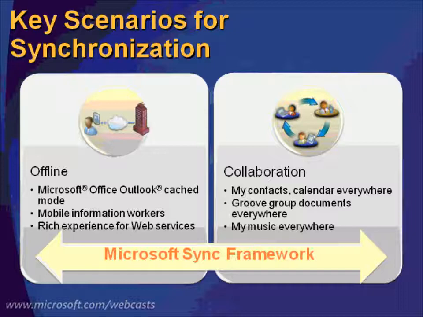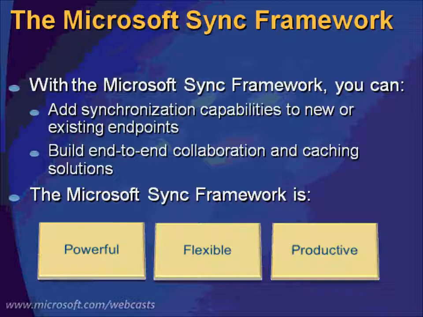So regardless of whether one person's using a PC, one person's using a mobile phone, one person's using a desktop application across the world, we all want to collaborate on top of the same kind of data. So each of those endpoints needs to have a provider that will enable us to collaborate effectively, and we need to be able to synchronate. That's not a word, is it? To sync up those changes.